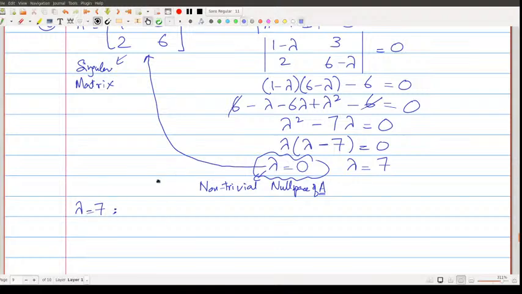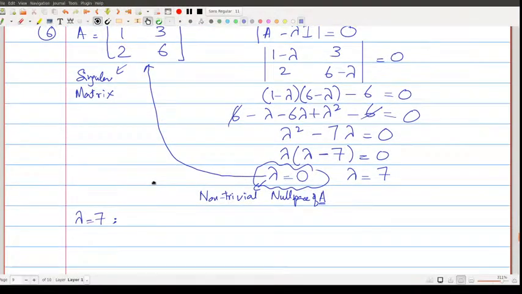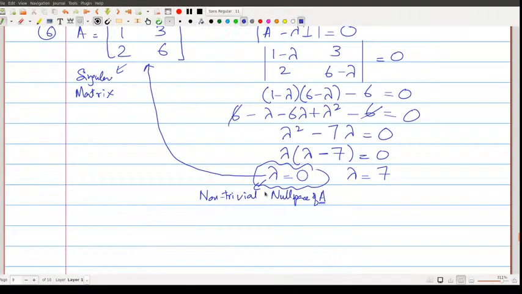So let's do that. Actually, let's try to see what happens if I try lambda equals 0. What will I really be solving?